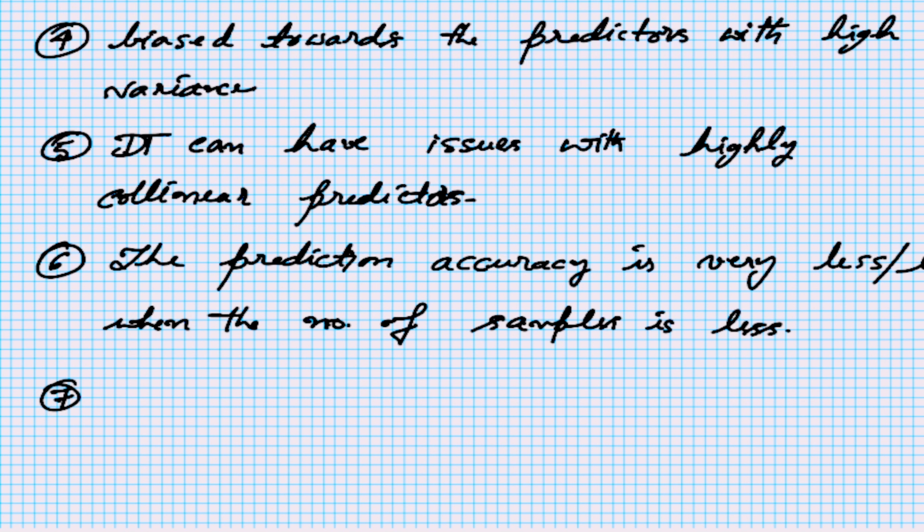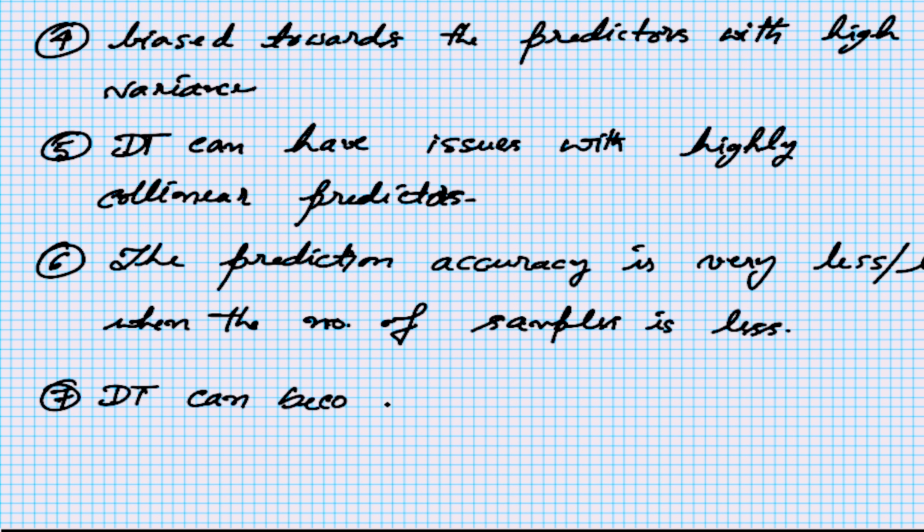The statement that I'm going to make now is, the decision trees can become unstable. What do you mean by unstable? This implies the same thing that we have discussed.